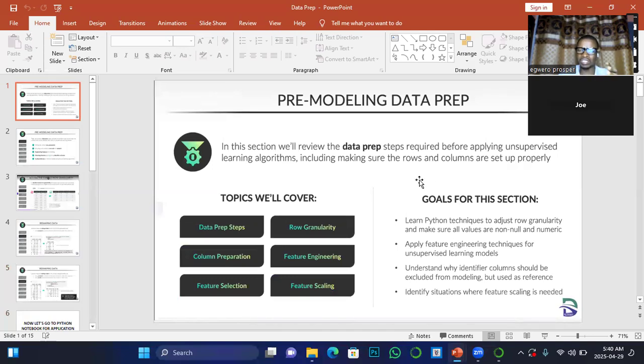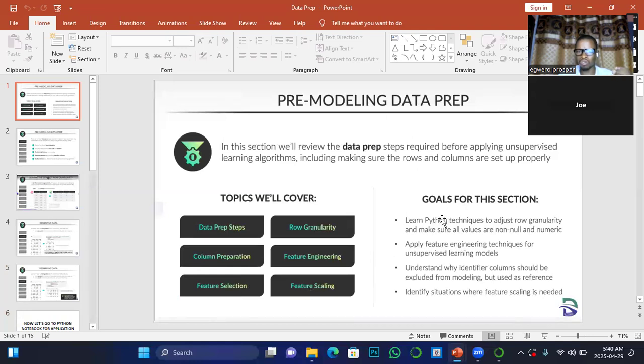So everything in this section is on data preparation before you pass such data to the analysis model. Topics we shall cover here: we will look at data prep steps, we will look at row granularity. This is a special thing which you get to know what it is. We also look at column preparation, we look at feature engineering, we look at feature selection and feature scaling.